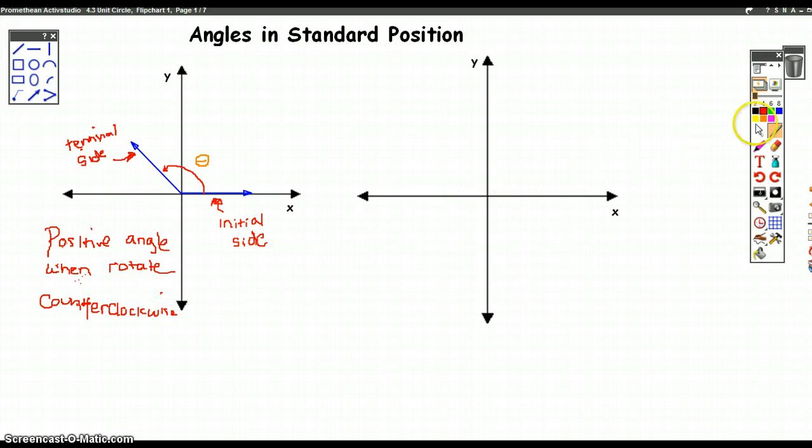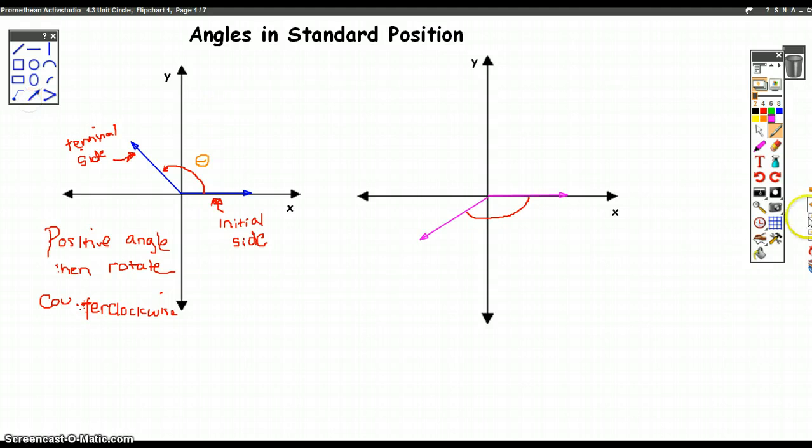Now if we go over here and rotate clockwise, that would be a negative angle. So let's say our initial ray is there, again, always on the positive x-axis. And if we rotate clockwise, then that is a negative angle. So there's my terminal ray.